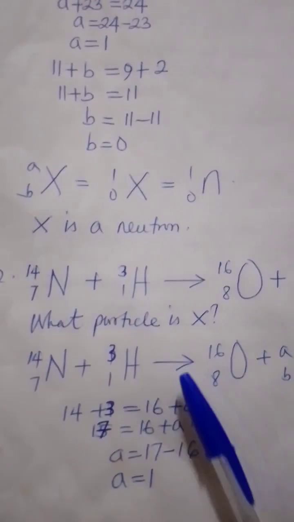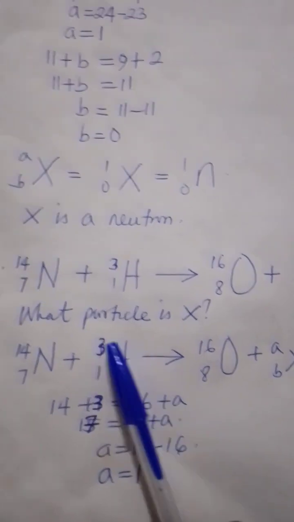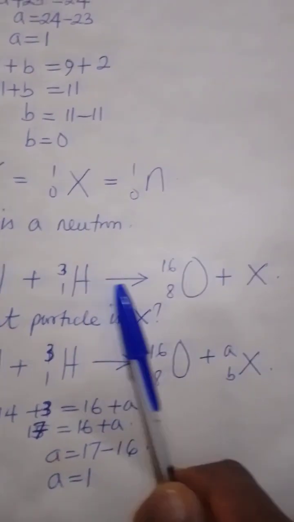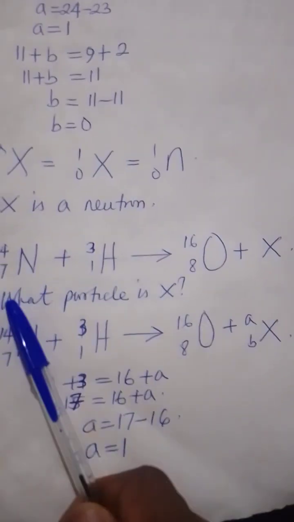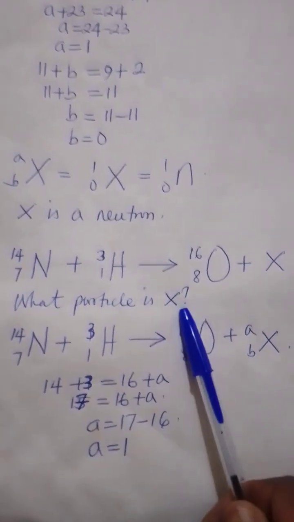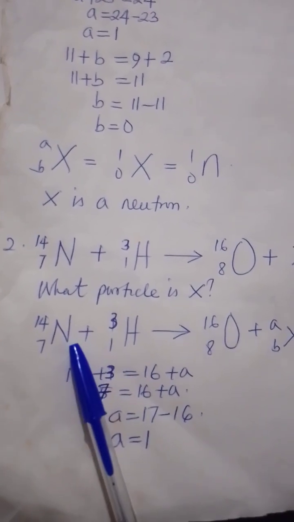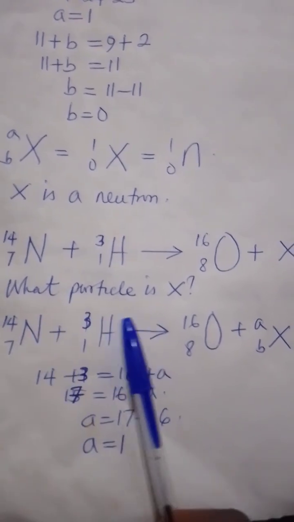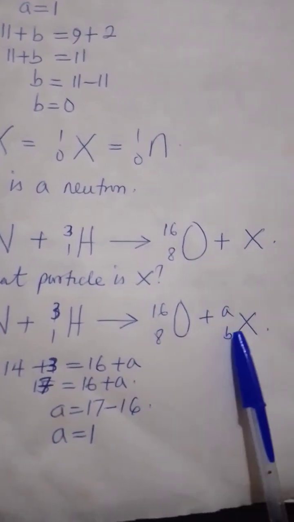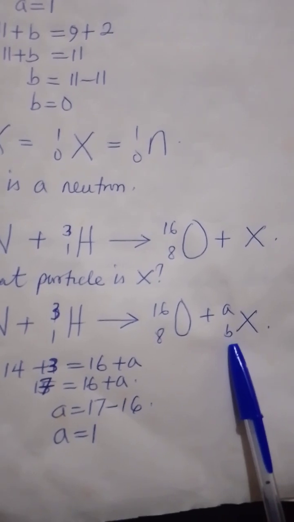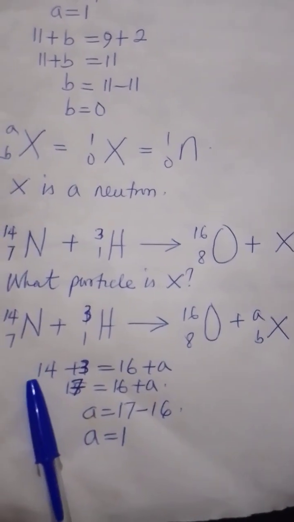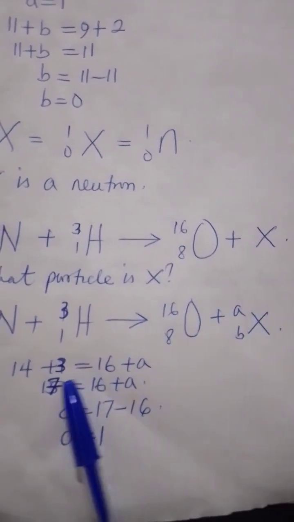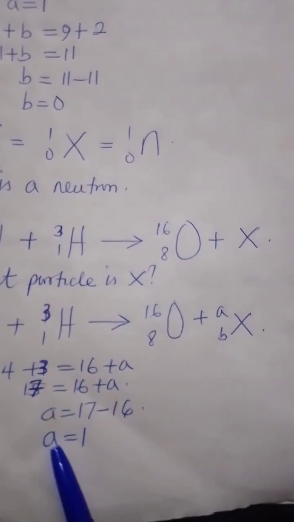So we look at question 2. For question 2, we're given nitrogen, tritium, oxygen, and X. We're asked what particle is X. Just like what we just did, we take the mass numbers after assigning A and B as the mass number and proton number, atomic number for X. So 14 plus 3, which is 17, is equal to 16 plus A, so A is 1.